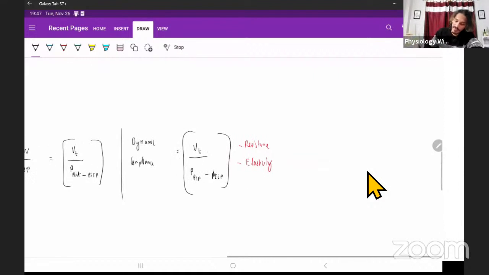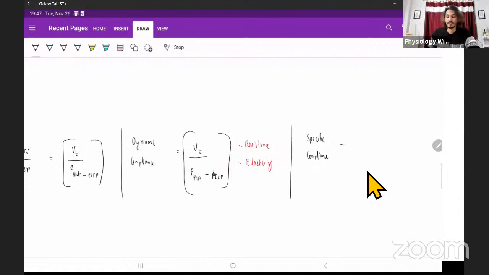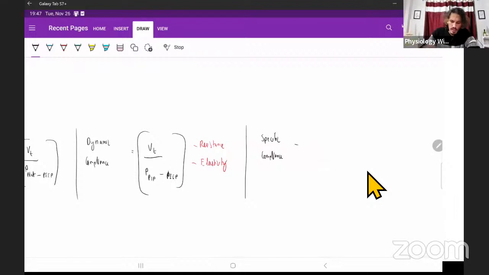Now there's another type of compliance which is called specific compliance. What is specific compliance? Again, on top is volume, bottom is pressure. So imagine you're comparing a child, an infant, and an adult.